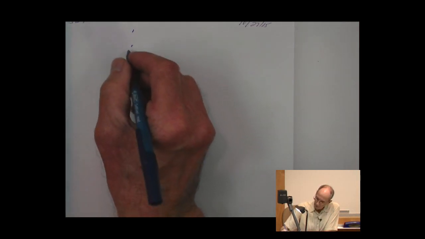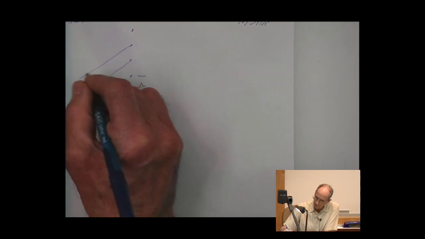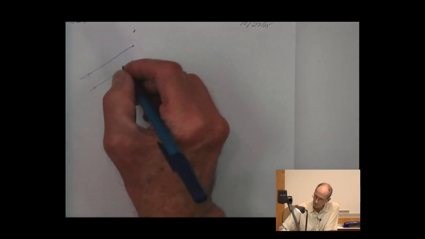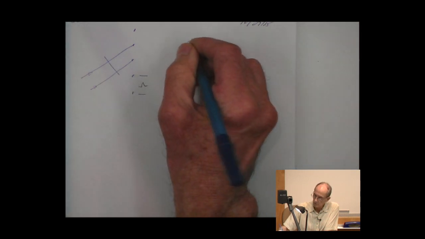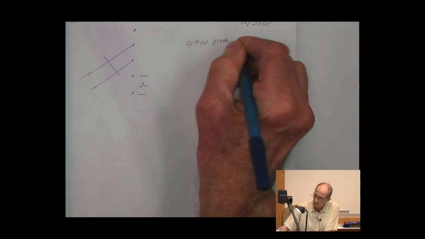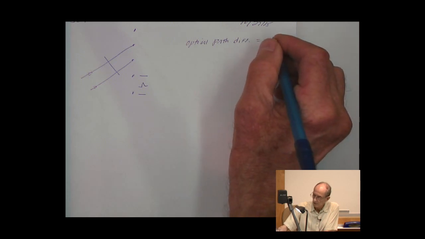The way we analyzed it, I started you out here with a pair of rays going to two adjacent scattering points and having a wavefront like that. The whole idea for the grating equation is simply that the optical path difference is equal to Q times the wavelength.